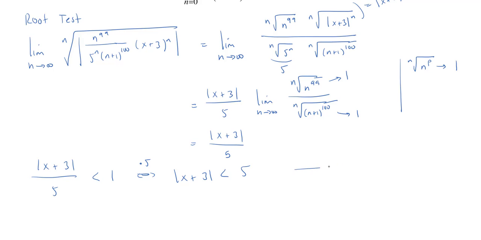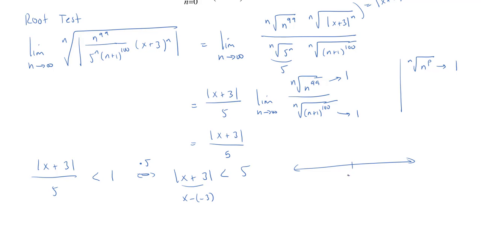Well, I can draw a nice picture to easily see what's going on here. When I have x + 3, I could really think of this as x minus negative 3, and the absolute value of a difference is telling you the distance between. So this is saying the distance between x and -3 is less than 5.